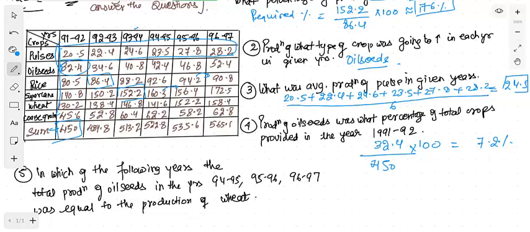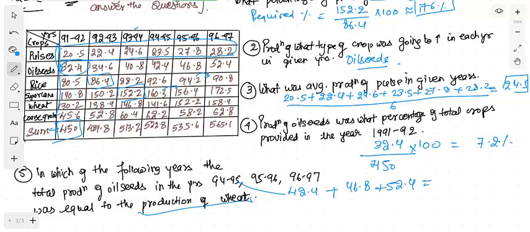And the last one is asking in which of the following years the total production of oil seeds in the years 94 to 95, which is 42.4, plus 95 to 96, which is 46.8, and then 96 to 97, which is 52.4, was equal to the production of wheat.